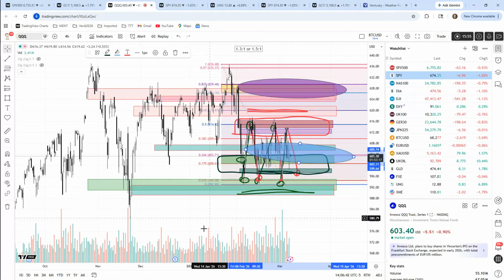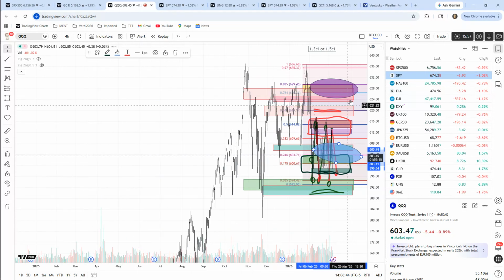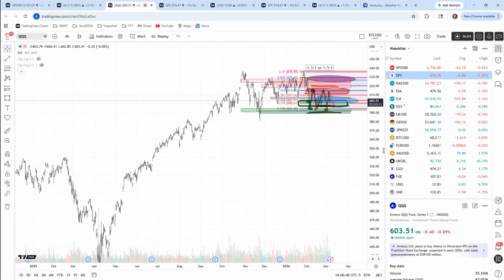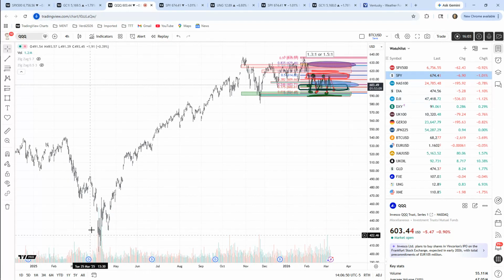And then typically you have to watch for what's called higher high, higher low type formations. As you can see, when we get into these zones, we're still establishing those zones of support and resistance based on range.